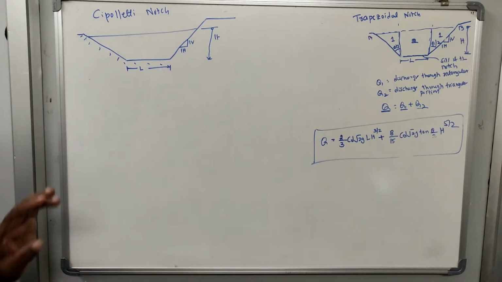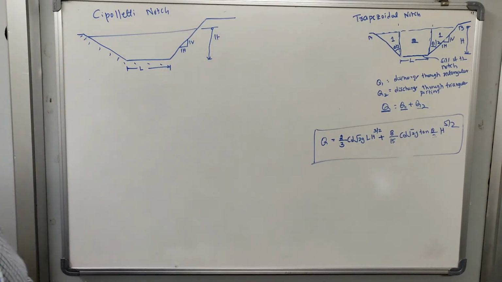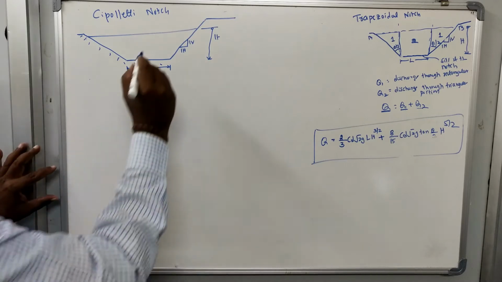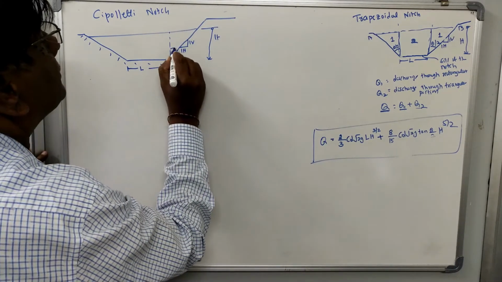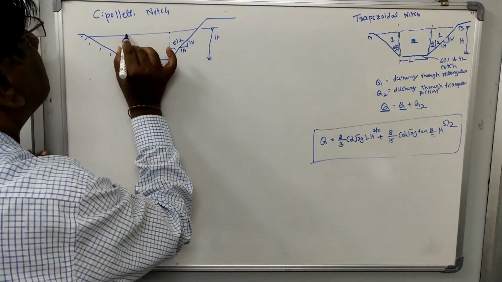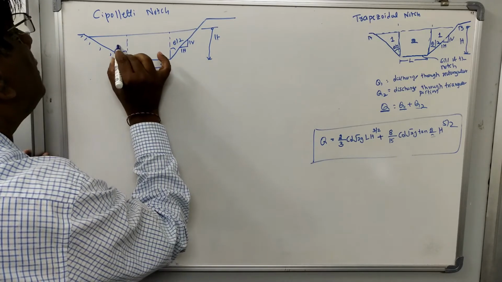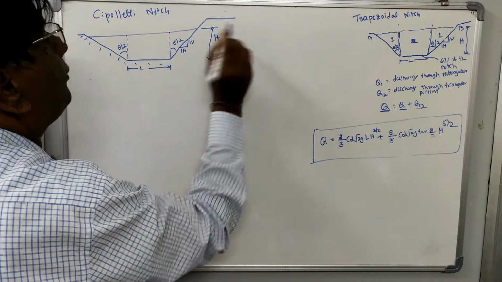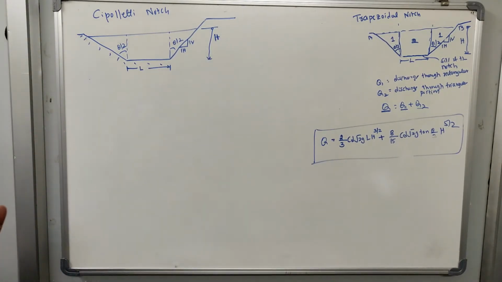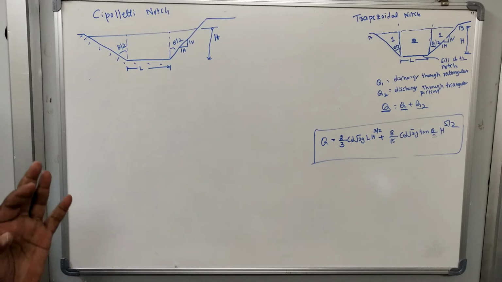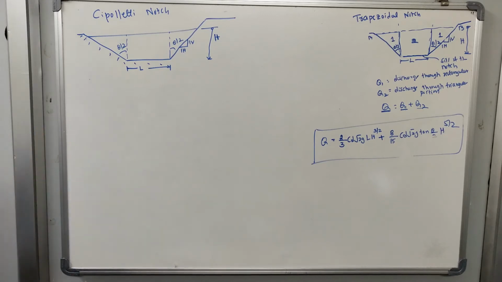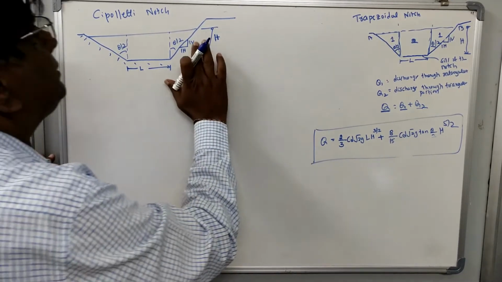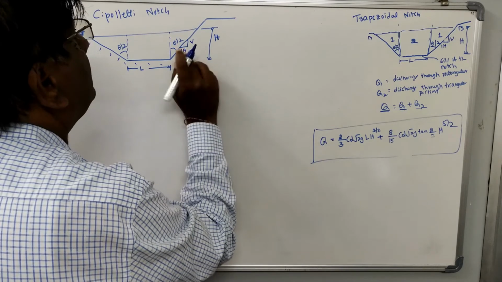Okay, what is the Cipolletti notch? The side slope you can take, this is theta by 2, this is also theta by 2, then H, this capital H, is the head over the sill, and take the side slopes as one horizontal to one vertical, or this is the vertical slope, so let it be anything.